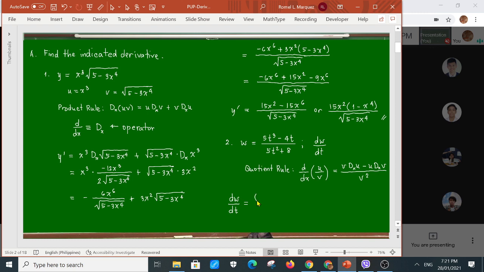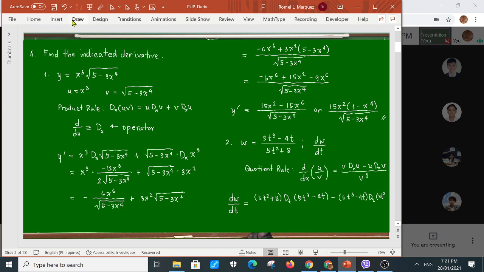The denominator times the derivative with respect to t of the numerator, minus the numerator times the derivative with respect to t of the denominator.